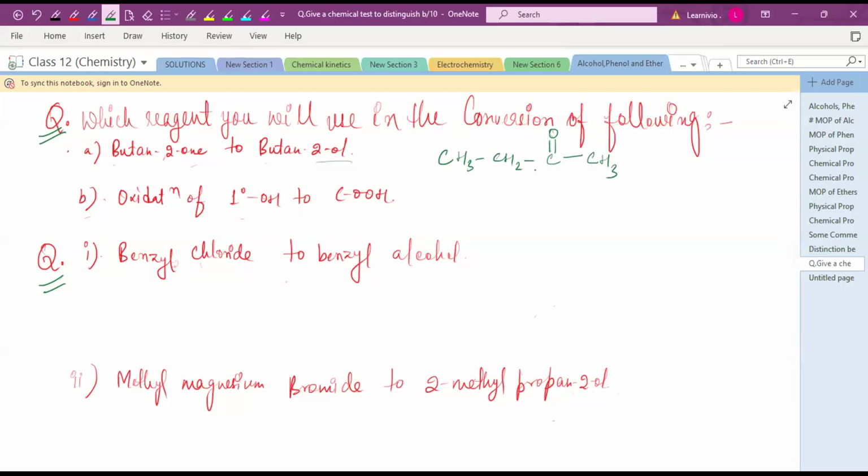You can use lithium aluminum hydride or sodium borohydride. You can use catalytic hydrogenation, H2 in the presence of any catalyst, nickel, palladium, platinum, right? So it will reduce this ketone group to butane 2-ol.